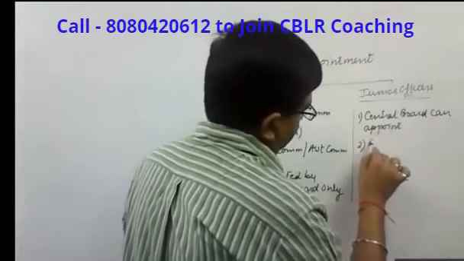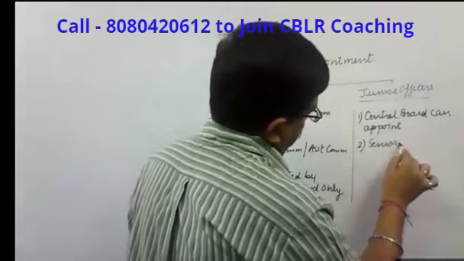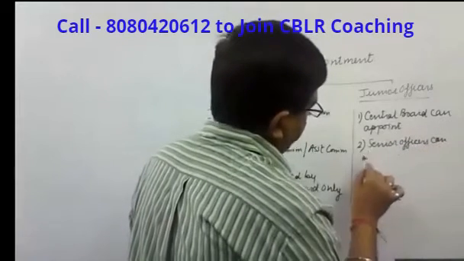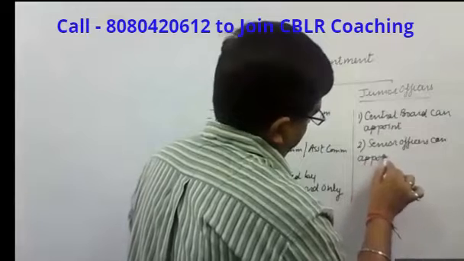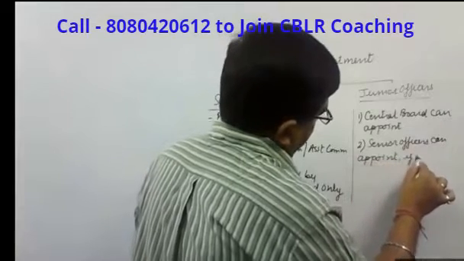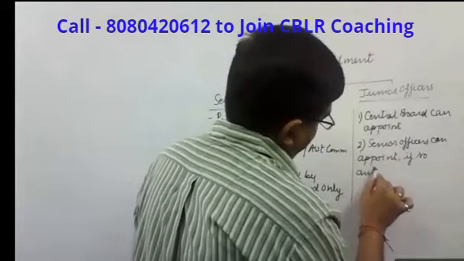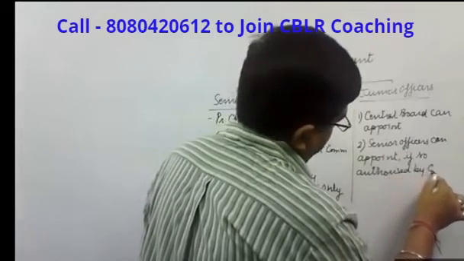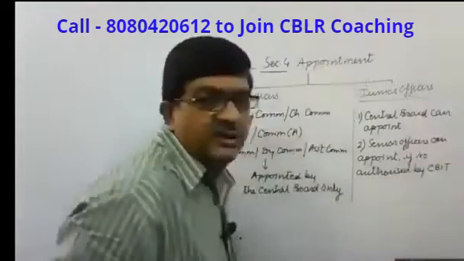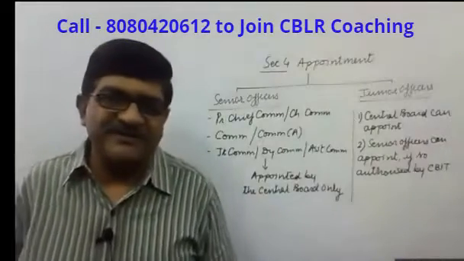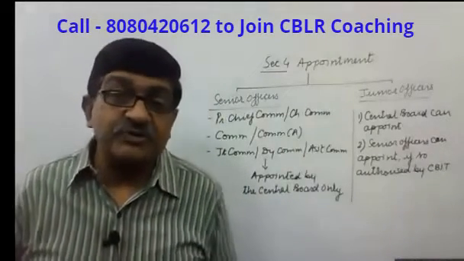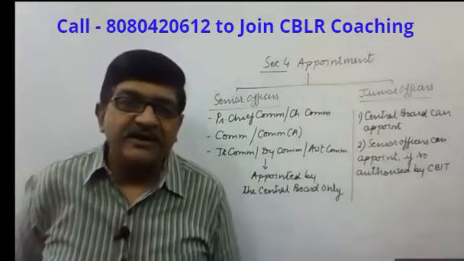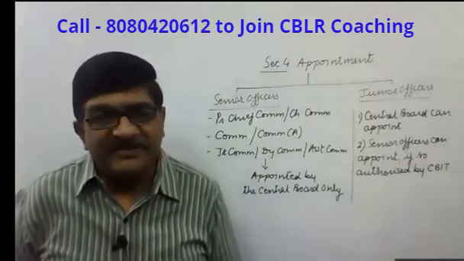And number two, senior officers can appoint if so authorized by the central board, the CBIT. They don't have a statutory right to make appointment of the junior officer. They have a right only if so authorized by the Central Board of Indirect Taxes.